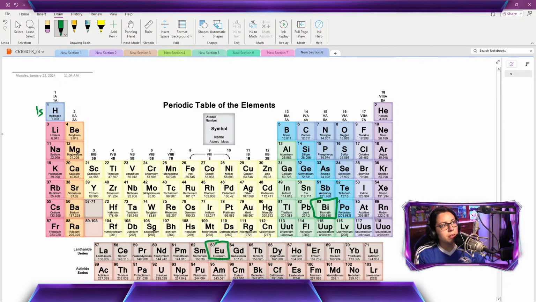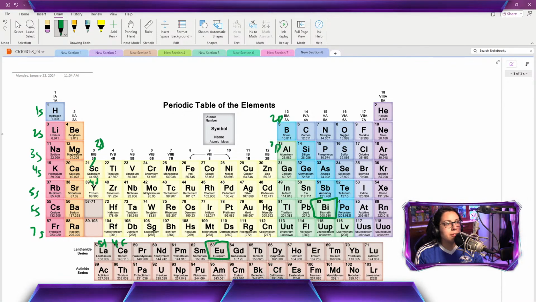And so I may need to write a few markings for myself. So 3s, 4s, 5s, 6s, 7s. And then remembering, right? 3d, 4d, 5d, 4f. So all these markers help me. So 2p, 3p, 4p, 5p. All right, so now I'm ready.